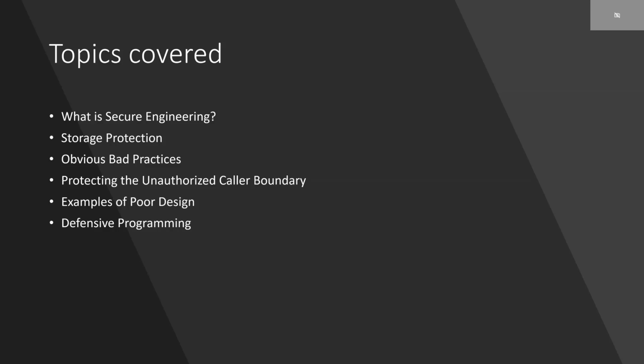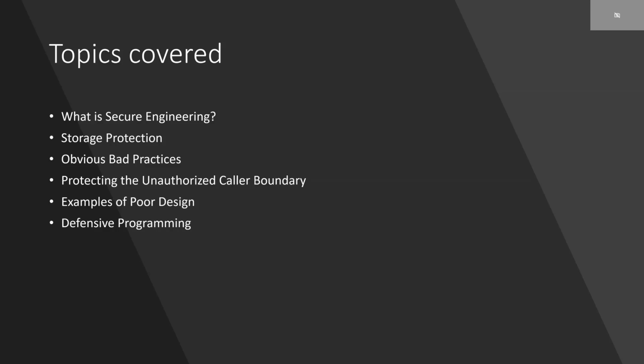So I'm just going to go through what I consider to be secure engineering. A little bit of background about storage protection in zOS, because you've got to really understand that to realize how severely some of the bad practices out there could affect you. We'll talk about the main battleground of secure engineering, and what system software vendors like IBM and Rocket and Broadcom have to worry about when we are authoring system software for you that has to do something above what a normal problem state user can do.